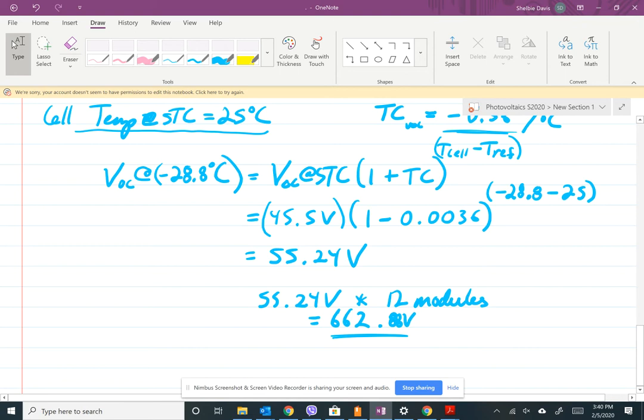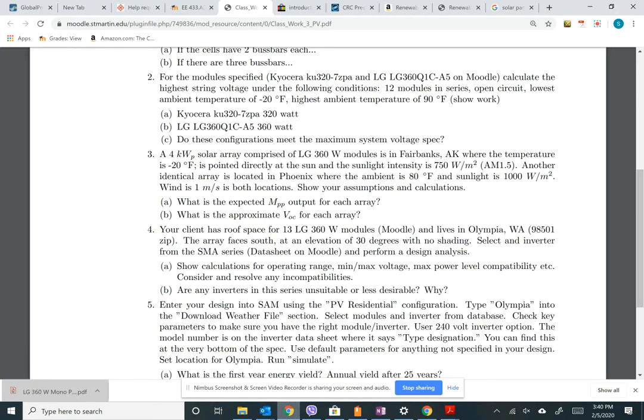Now, part of this question, let me go back here. That's A. But then it asks an additional question, letter C: do these configurations meet the maximum system voltage spec? So let's talk about that before I move on to the LG one.